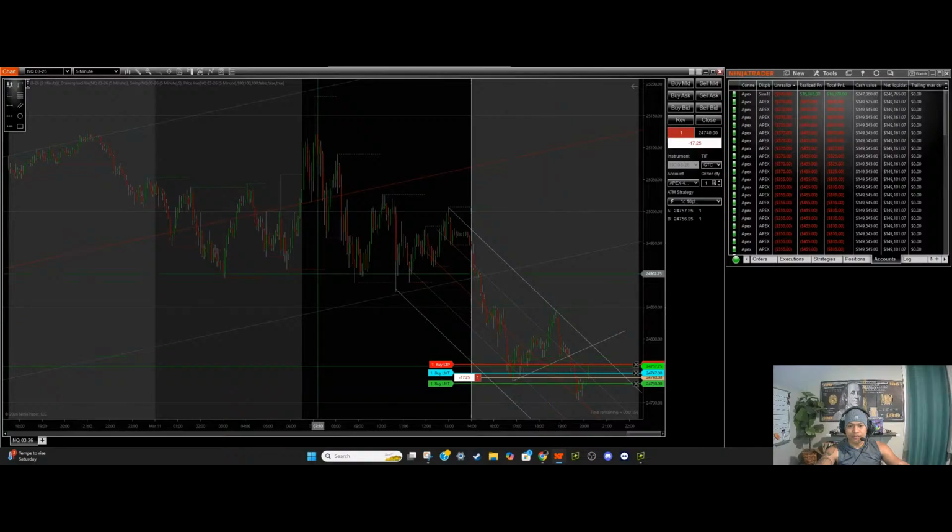This is the next resistance right here. Literally right here. Hopefully it pulls back real quick, gets us out at a smaller loss. Hmm.